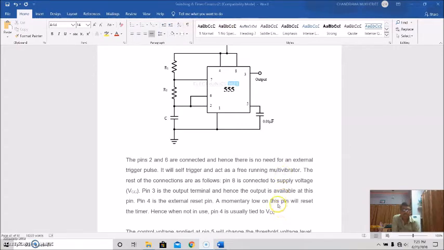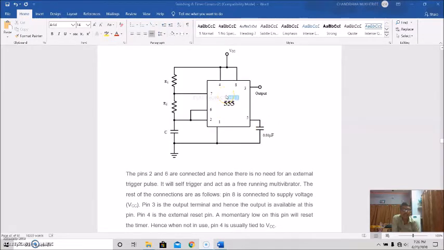The rest of the connections are as shown. Pin 8 is connected to the supply voltage, this is VCC. Pin 3 is connected to the output terminal, and hence the output is available at this pin.